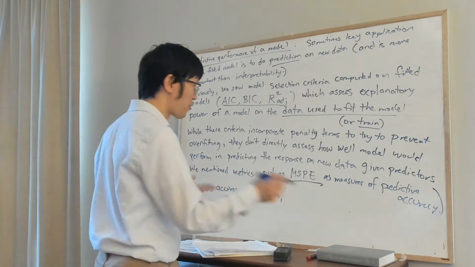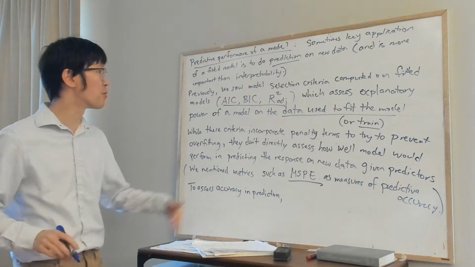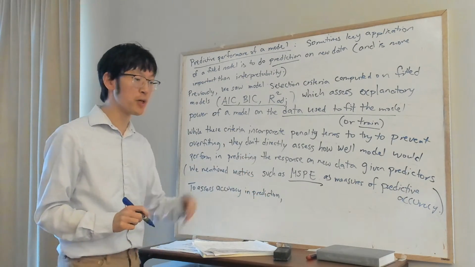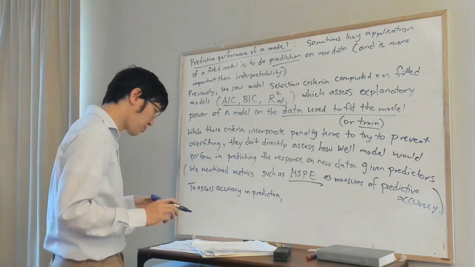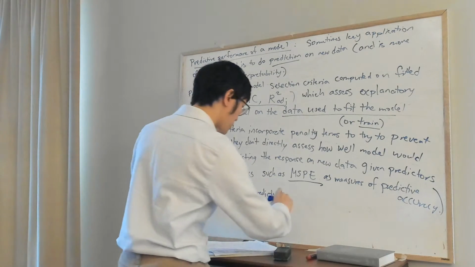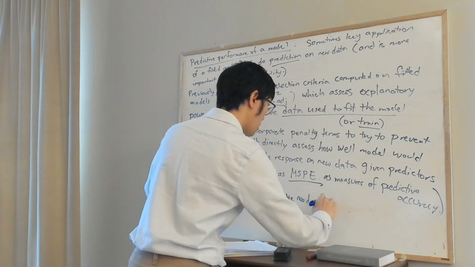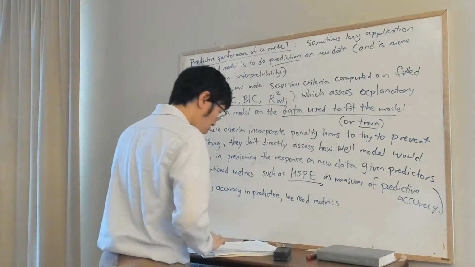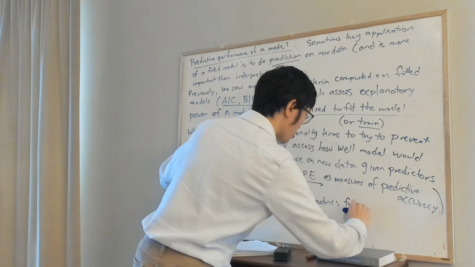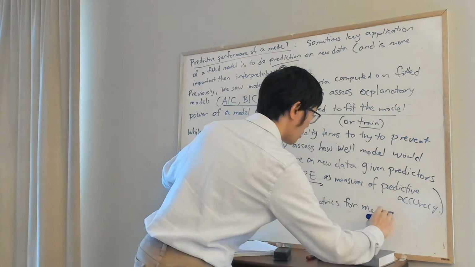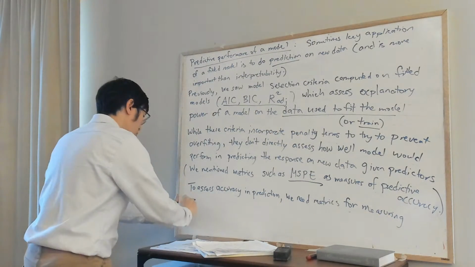How far away are the predictions from the actual values once we get to see those values? So we need metrics for measuring prediction error.